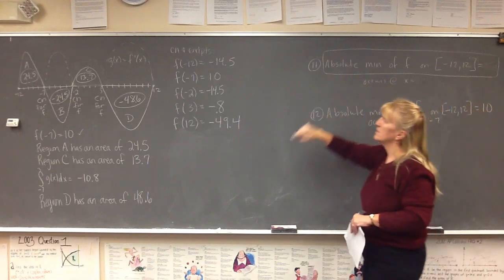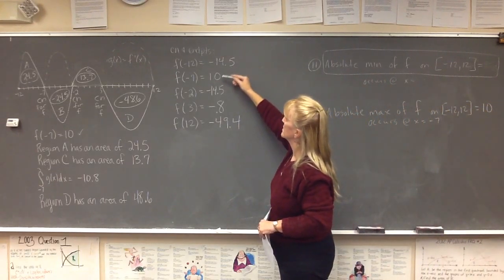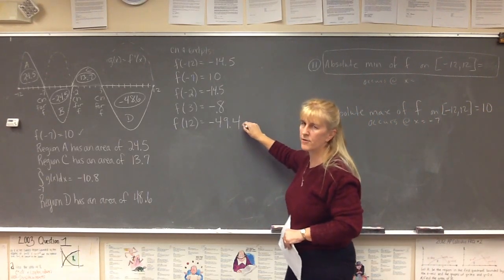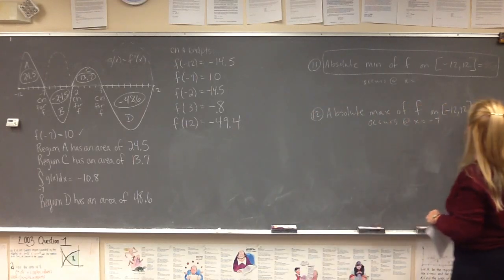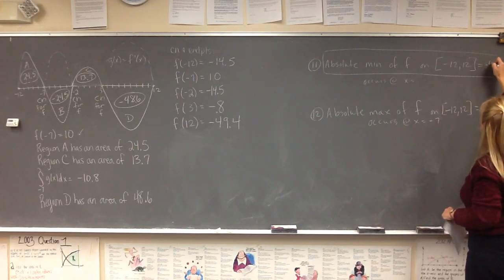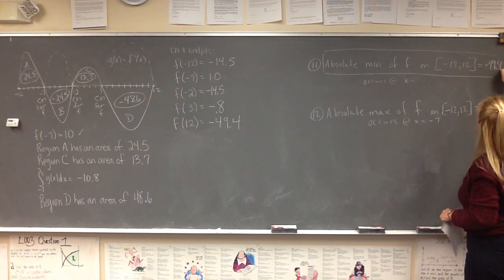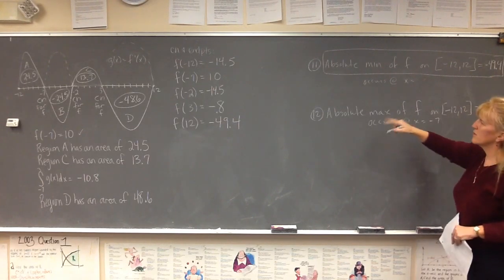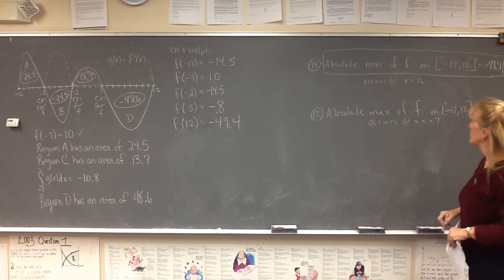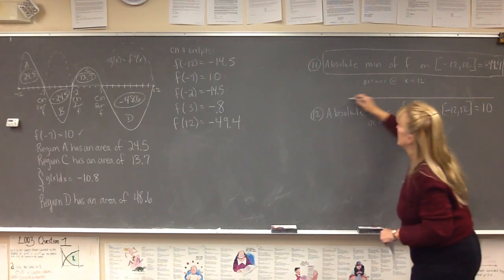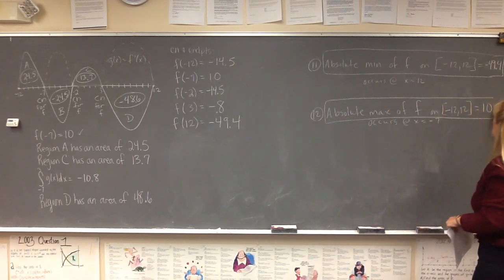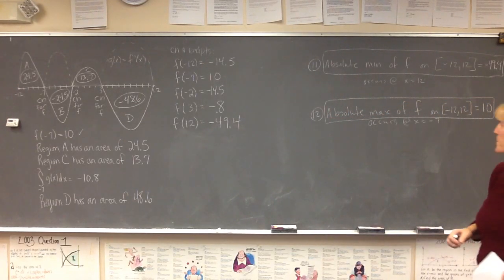What's my lowest? What's my lowest number here? My lowest number should be that negative 49.4. Sorry about that, you guys. Negative 49.4. And that occurs when x equals 12. So then I have my absolute max and my absolute min.